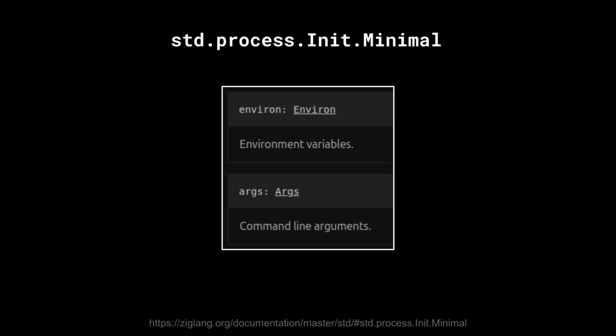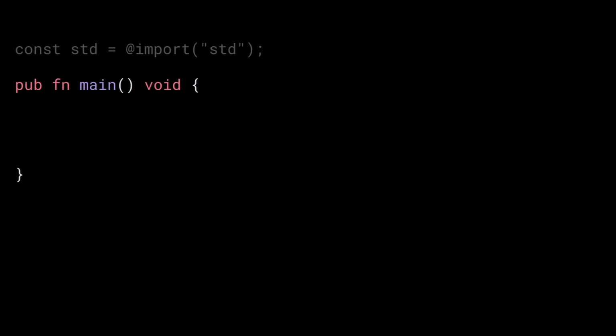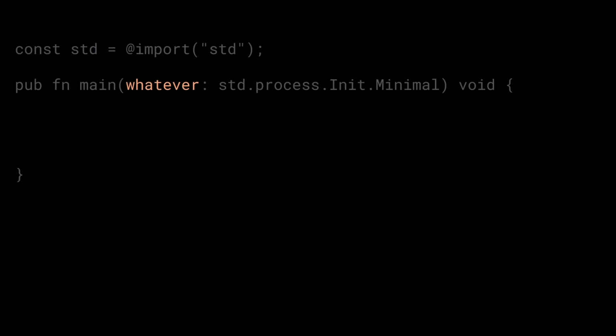std.process.Init.Minimal has 2 fields, one to manipulate the environment and another one for the command line arguments. So if you only need that, you can create a main function with a parameter of type process.Init.Minimal. Here the name of the parameter doesn't actually matter, but I guess init is going to be pretty popular. So let's use that.